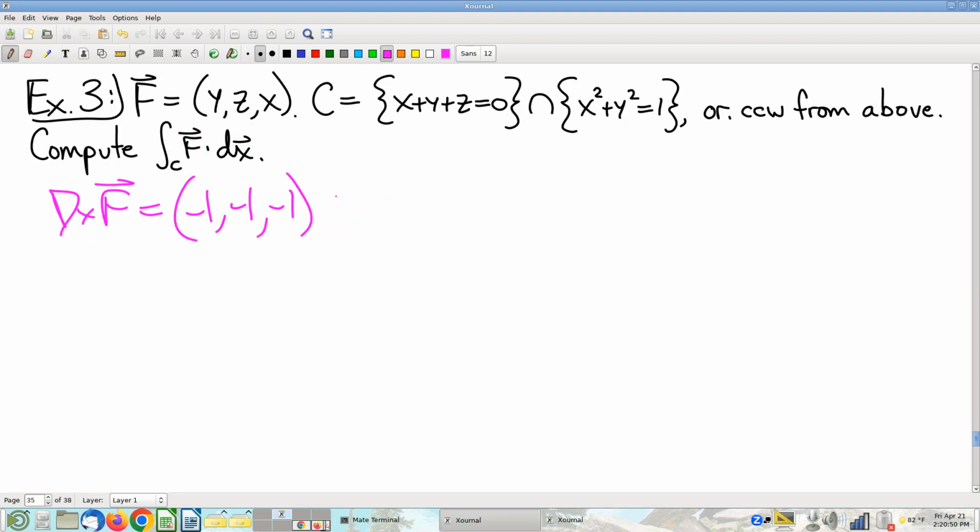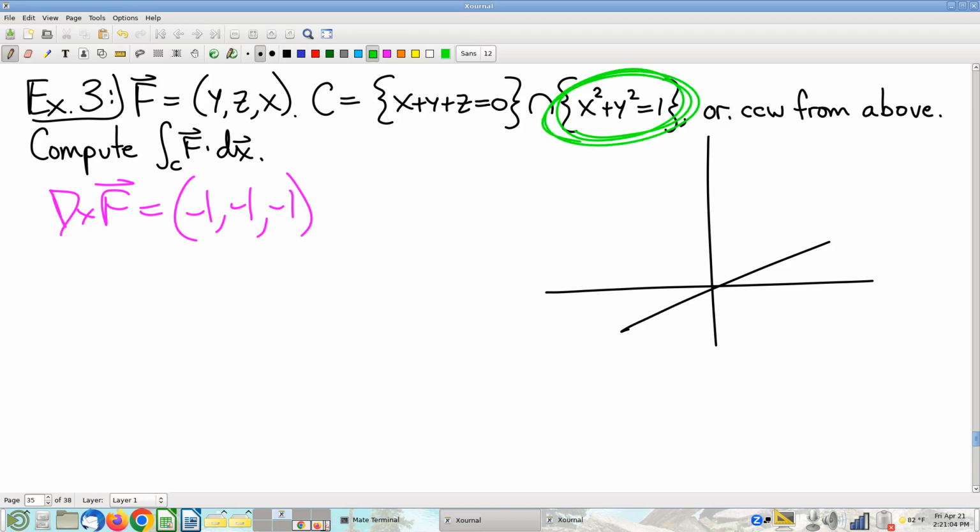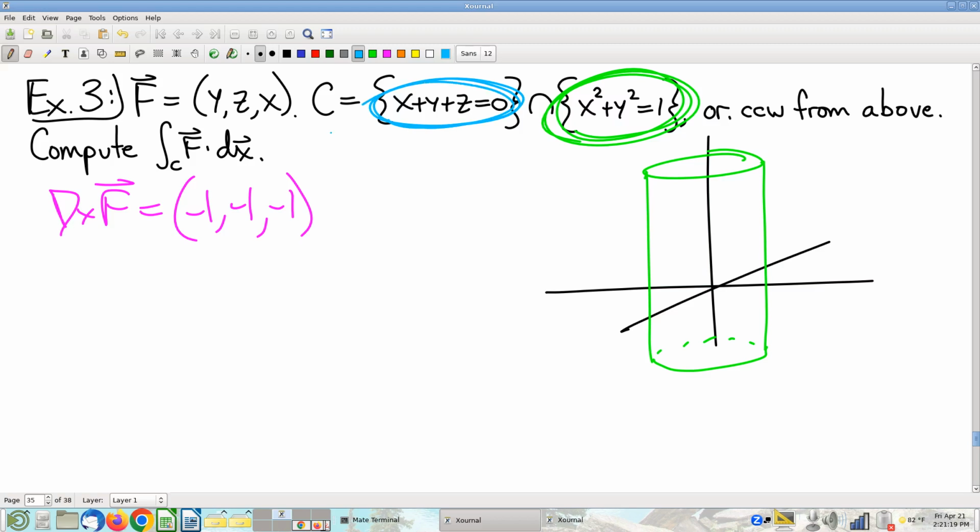All right, let's think about this curve. Now, this is not given parametrized, so I'm going to need to understand this in a different way. Close enough. Let's see here. You'll notice a cylinder here, right? A cylinder along the z-axis. So let me do this, like so. And then we have this plane here that's intersecting with that, and I'm not going to try to draw this plane to scale because it's hard, and we're going to end up only needing qualitatively representative information here anyway.